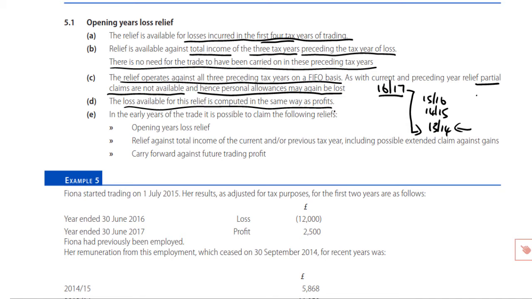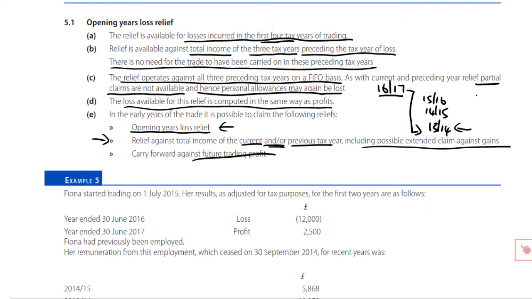That gives rise to a nil assessment, and then you have to consider which of the available loss reliefs you would wish to choose. As we have said all along, you've still got the normal ongoing reliefs, total income of current and or the preceding tax year, with then a possible extension claim against gains. Carry forward against future trading profit, or now your specialist opening year's loss relief.